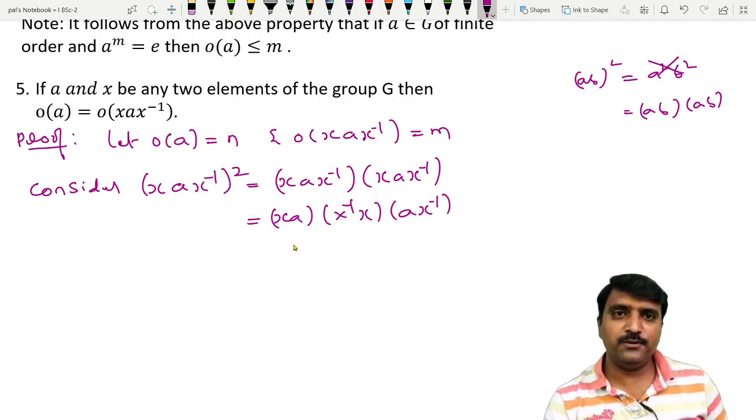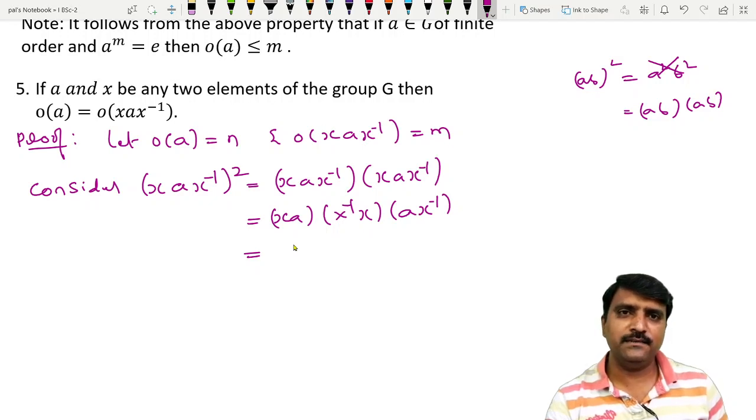We can't group in different ways like this. Since x and a are elements of group G, you can write x inverse into x is E. If they are not elements of group G, we can't write x inverse into x is E.